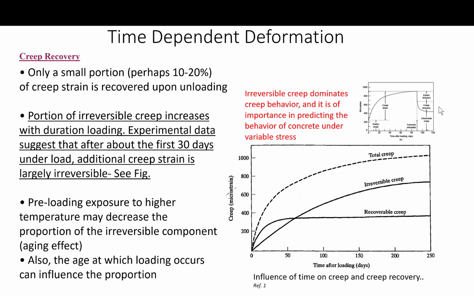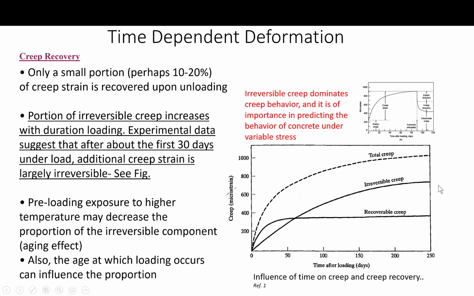The proportion of irreversible creep increases with time under load. Experimental data suggests that after the first 30 days under load, additional creep strain is largely irreversible, as you can see in this figure right here.